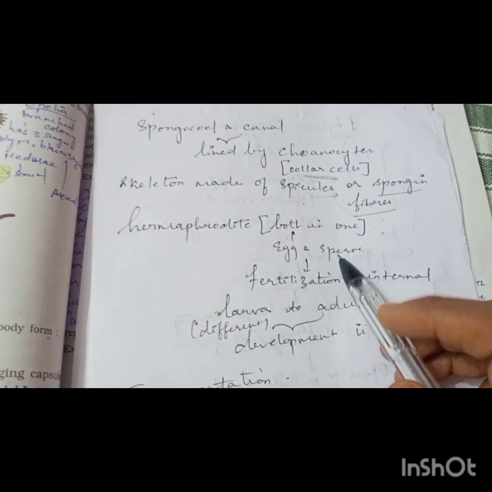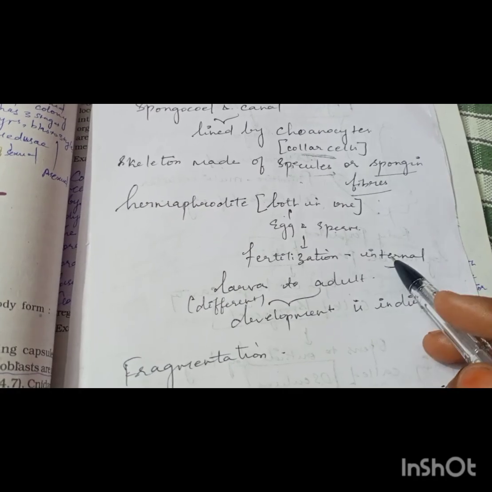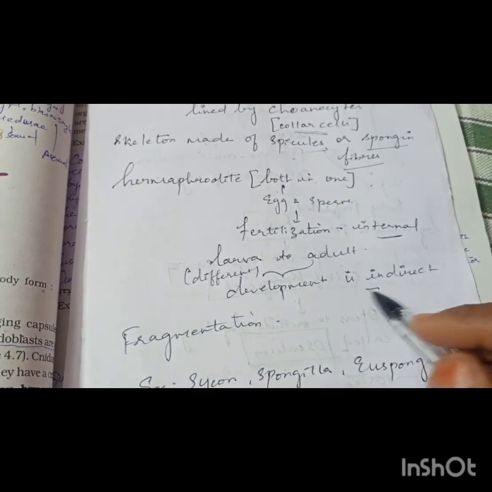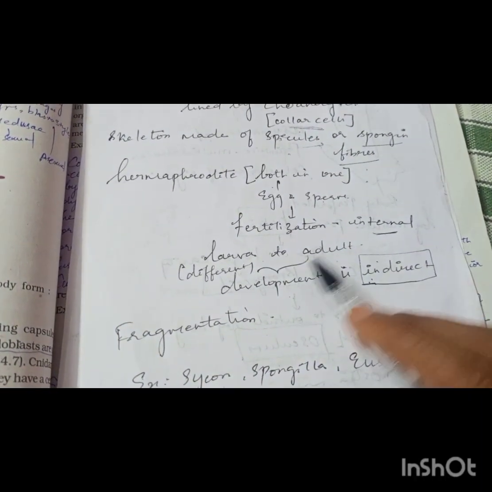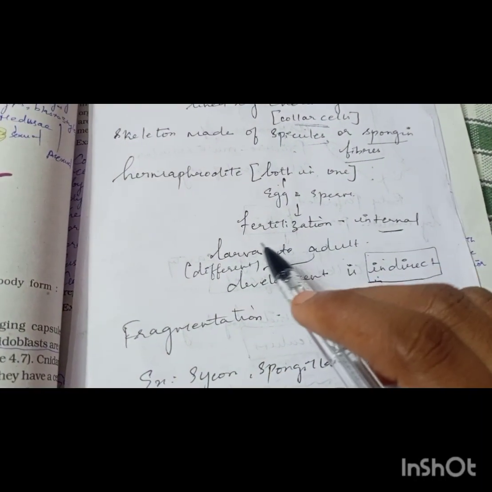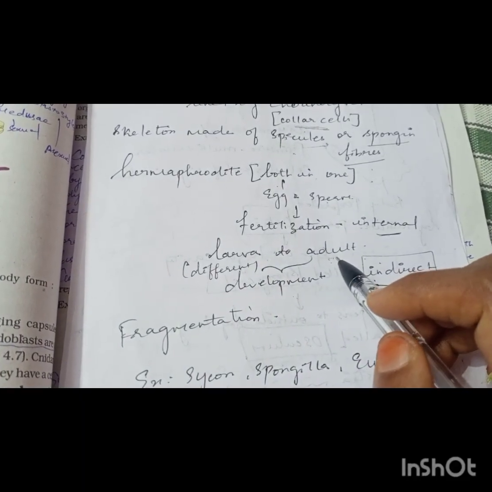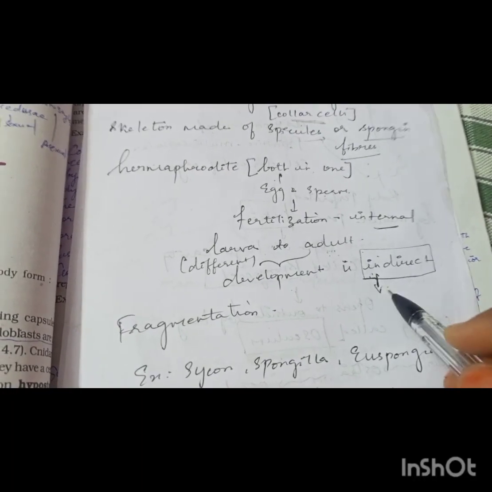Both egg and sperm are produced in one, and fertilization takes place inside the body, hence the fertilization is internal. And the development of the organism is indirect, that is, it will have a larval stage to adult stage development, in which the larva will look entirely different in form when compared to that of an adult. Hence it is known as indirect development of the organisms.